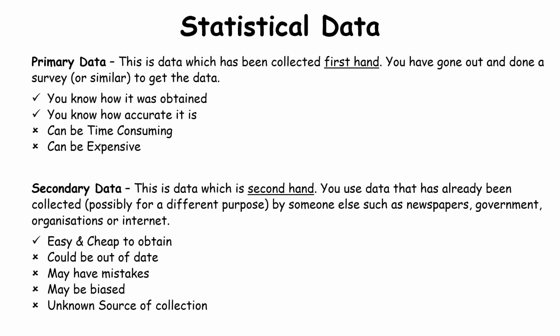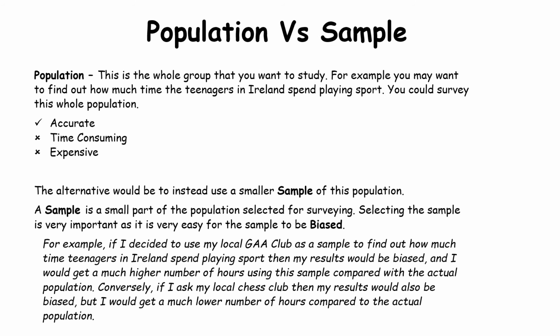Secondary data is basically second-hand information. So it's data that has already been collected by somebody else and that you then use. So that might be the newspaper, government, basically when you Google. Secondary data is really easy, really cheap, but it can be out of date, it could have mistakes, it may be biased, and we'll talk about that in a second, and you don't know how it was collected.